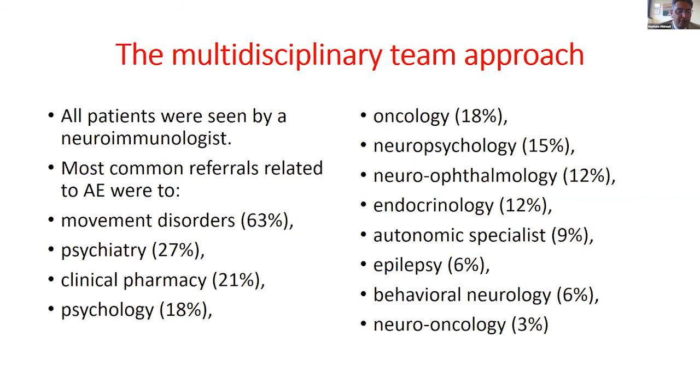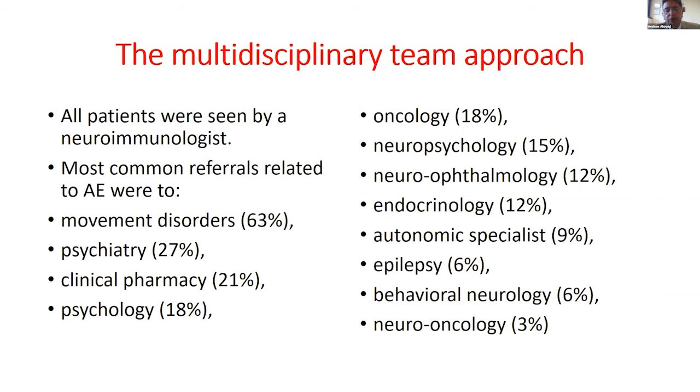But the second most common specialty that we reached out to is psychiatry, 27% of patients, clinical pharmacy to help with immunotherapy dosing and monitoring, 21%, psychology, 18%, oncology for paraneoplastic syndromes.